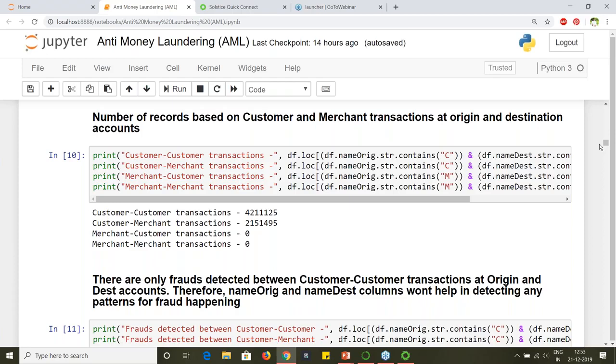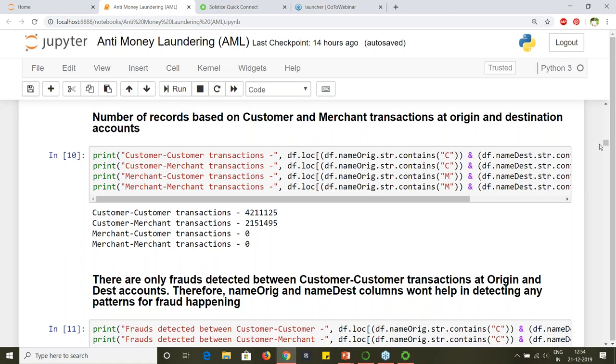So in the origin and destination account IDs, if the name is starting with C, then it is a customer, and if the name is starting with M, then it is a merchant. Here the number of records based on the customer and merchant transactions at origin and destination accounts are given. You can see those many number of customer to customer transactions and those many number of customer to merchant transactions.